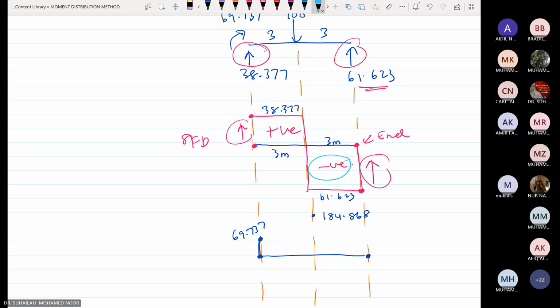What do you get? 0. Okay, this is point load. So you just need to sambung straight line. Line 0 kat sini. Sini line 0. So ni positif.